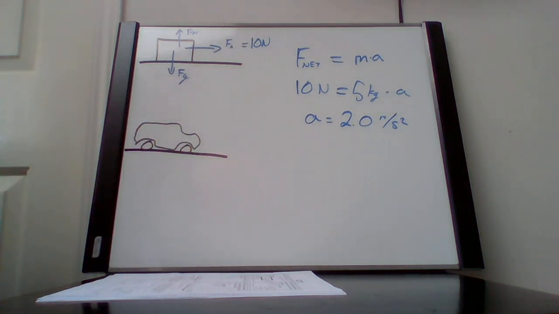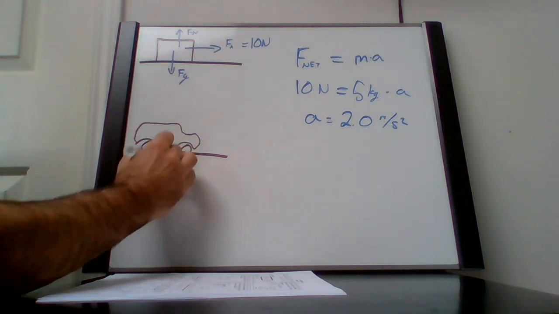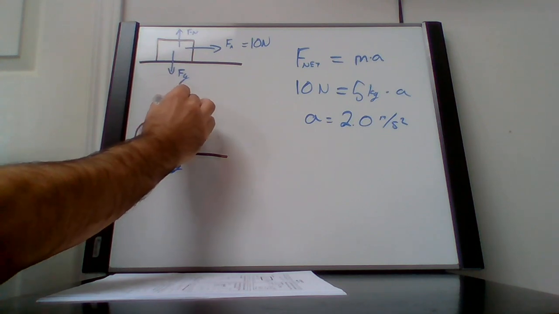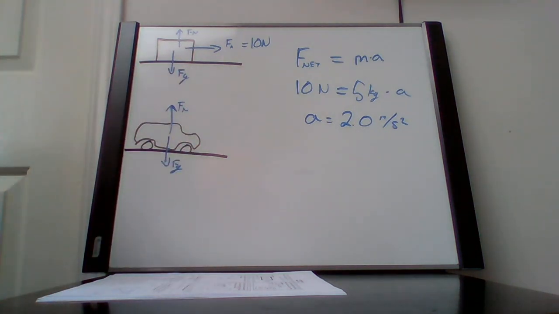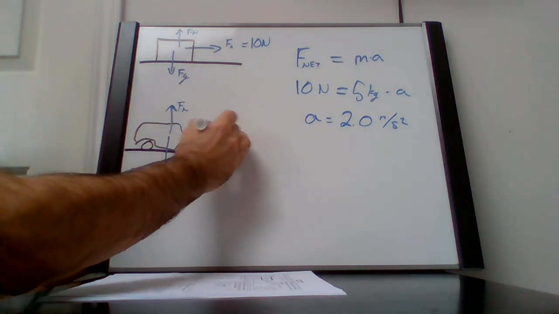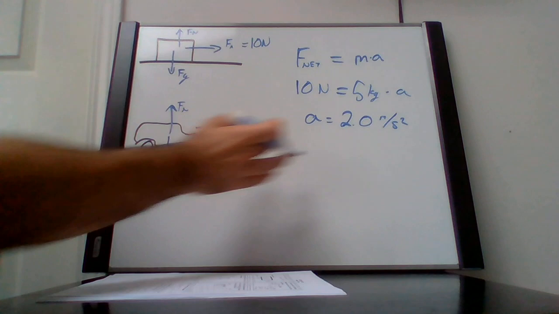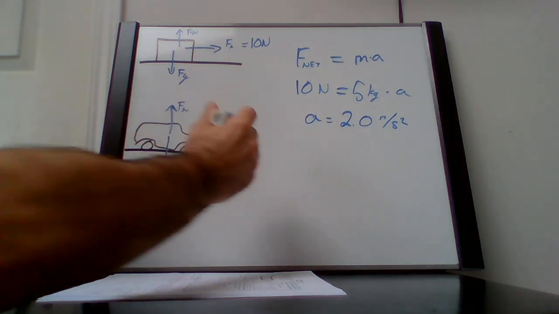It doesn't really matter. We just want to make sure we have all of our forces acting on it here. And so we have the force of gravity pulling down. We have our normal force pushing up. The car is stationary vertically, so we're just dealing with the horizontal. And then we've got an acceleration coming out the front here. Now we just need to figure out our net force, which is whatever's causing this to go forward, and that's all we're looking at.